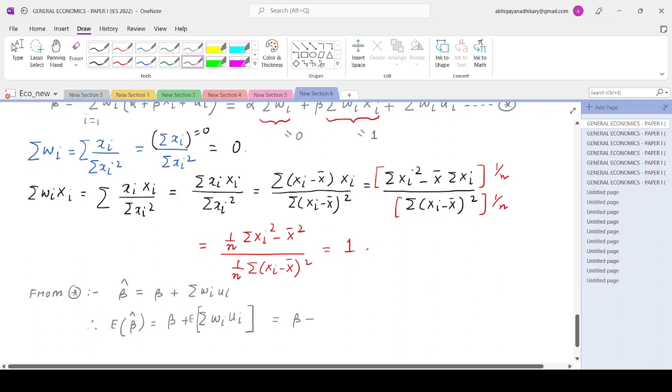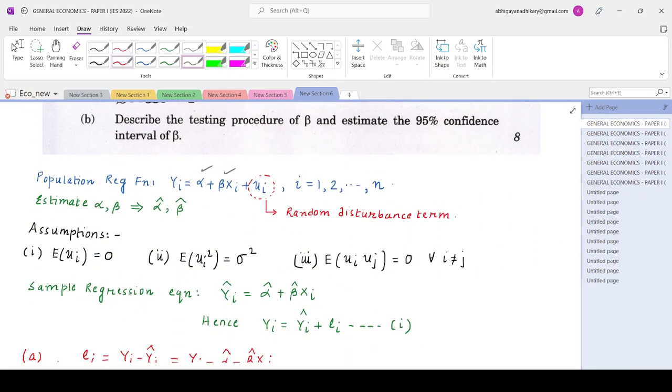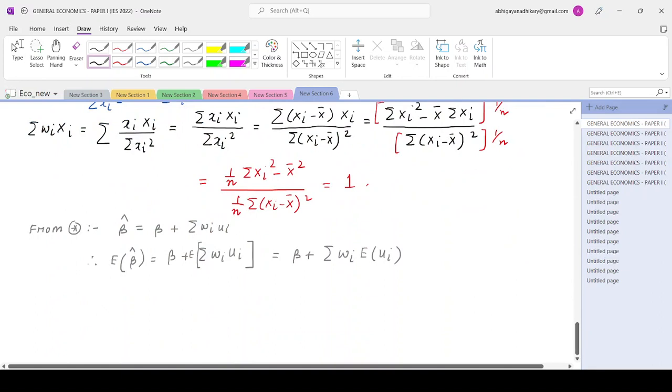So these are also to be treated as constant. So the expectation operator will only go on ui because it's the unknown random disturbance term. And what is the assumption that we had taken at the very onset when we were starting? So have a look at this. Assumptions: expectation of ui is equal to 0. That means this term is basically 0. So expectation of beta hat is basically beta.